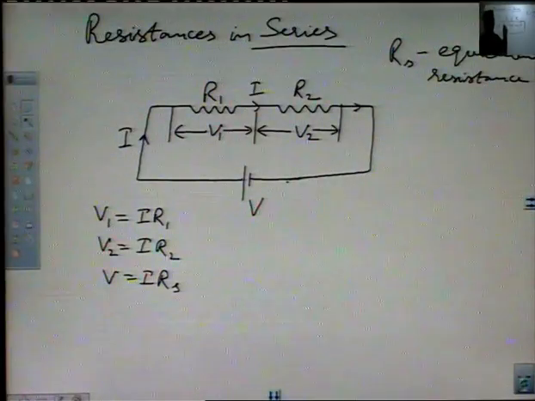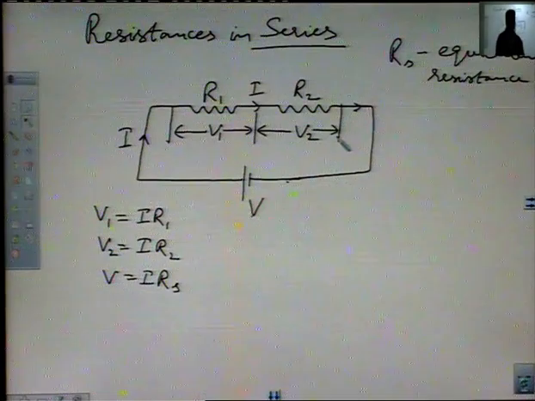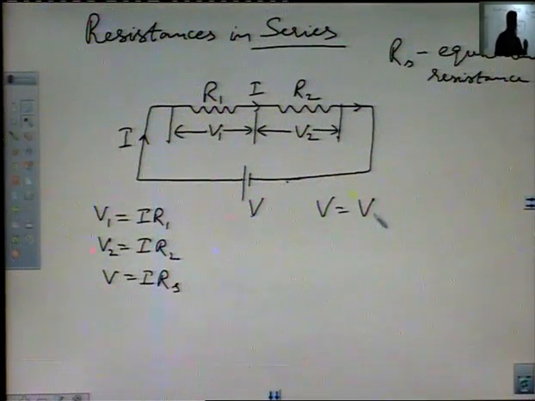And from this diagram we know the potential difference between this end and this end is V. So, the total potential difference V is equal to V1 plus V2.